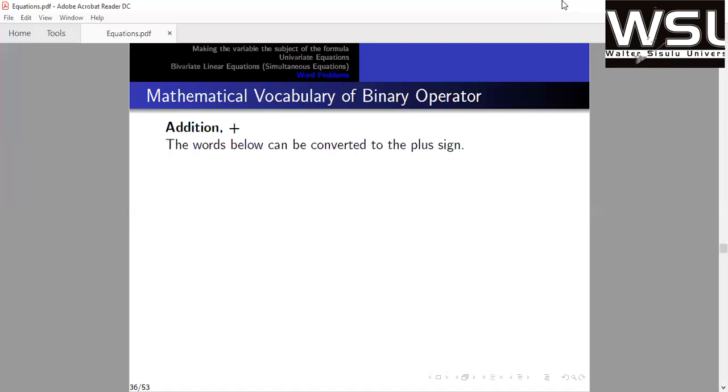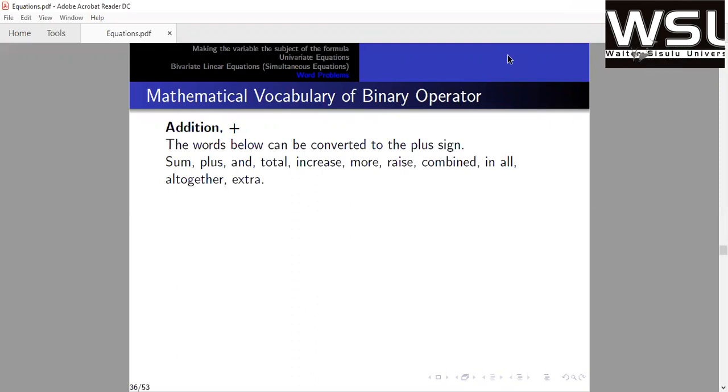Now, of course, the words below can be converted into a plus sign. Sum, plus, and, total, increase, more, raise, combined, in all, altogether, extra.